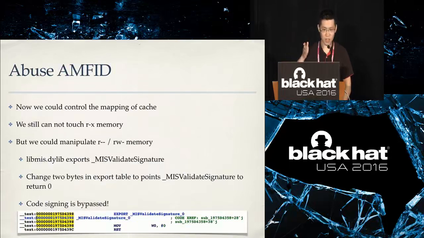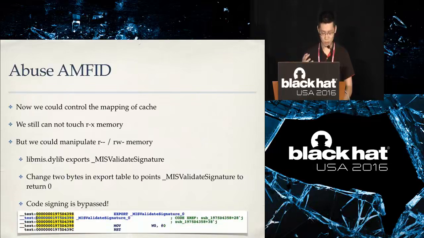If we recall how MFID tests whether it can accept the code signature or not, it uses MISValidateSignature, which is a function exported by libmis.dylib. Since we could modify the read-only memory, and the export table is located in read-only memory, we just cheat libmis.dylib.